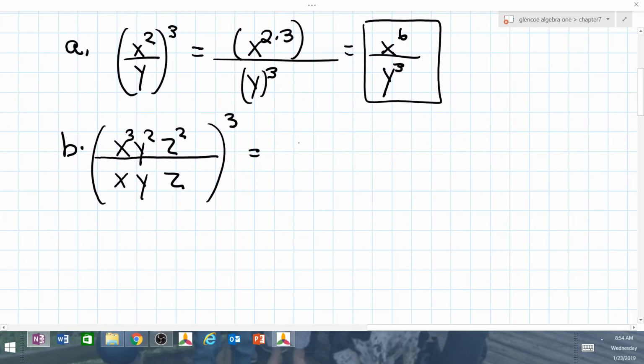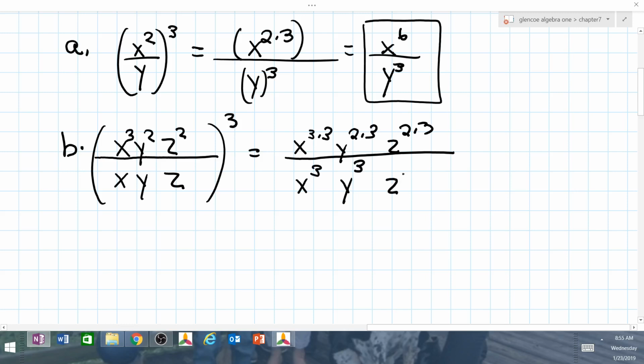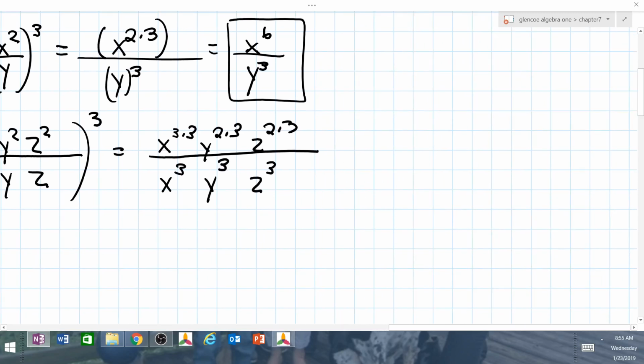So the numerator is going to become x to the 3 times 3, y to the 2 times 3, and z to the 2 times 3. What's your denominator going to become? X to the third, y to the third, z to the third. Okay, so now I want you to simplify your numerator, and then you need to reduce the entire fraction.